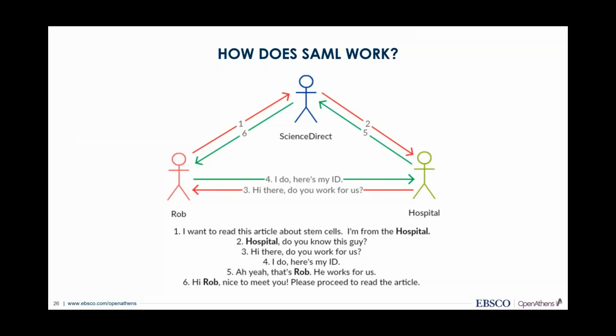Rob says, I do, here's my ID. Hospital goes back to Science Direct, says, oh yeah, that's Rob, he works for us. And then Science Direct lets Rob in and lets him read the article. All of this happens in a split second in the real world, but this is the core of SAML. This is how it works. It's a trusted relationship between the publisher and the institution to verify users' identity.